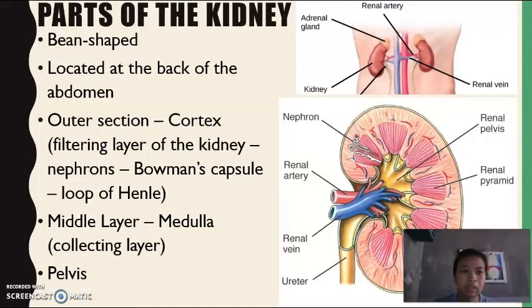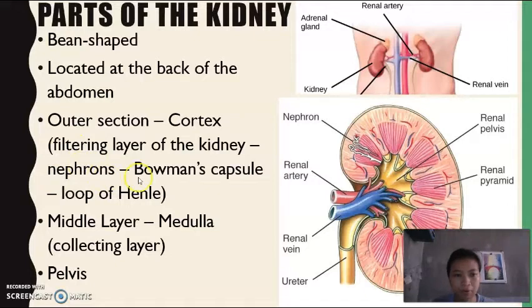Each kidney is divided into sections, the outer section and the inner section. The outer section is called the cortex. The cortex contains about 1.25 million nephrons. The cortex is also known as the filtering layer of the kidney because it contains the nephrons.